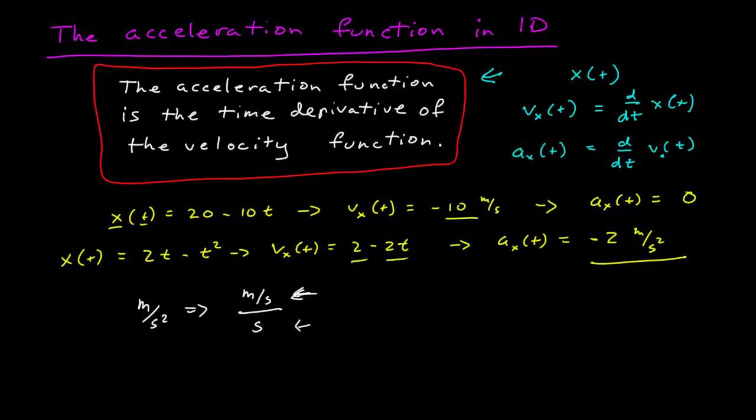For example, here if I have negative 2 meters per second squared, I can write that as negative 2 meters per second, per second. So that's saying if this acceleration lasts 1 second, then the velocity will change by negative 2 meters per second. That's what the meters per second squared means, and it's linked to how the velocity is changing.